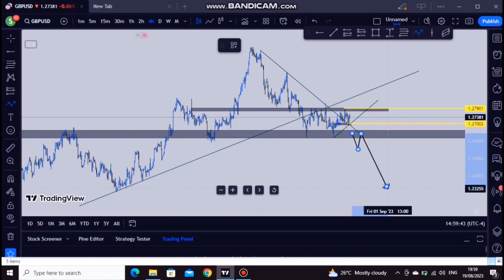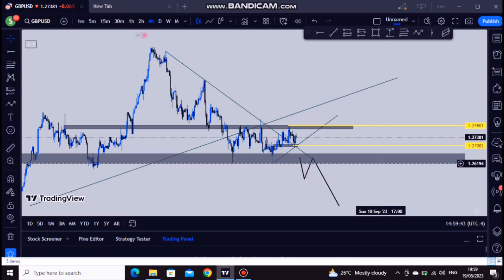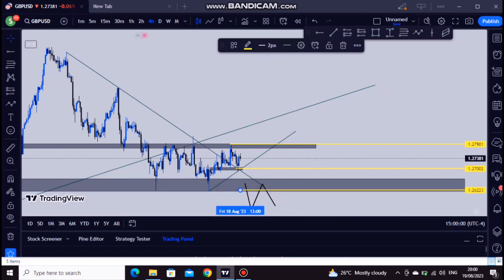And guys, watch out for these two levels. Let me mark these lines out so that you can understand all of them. The second line is 1.26233. If it can break below it, then retest on it, then we will sell from that point.